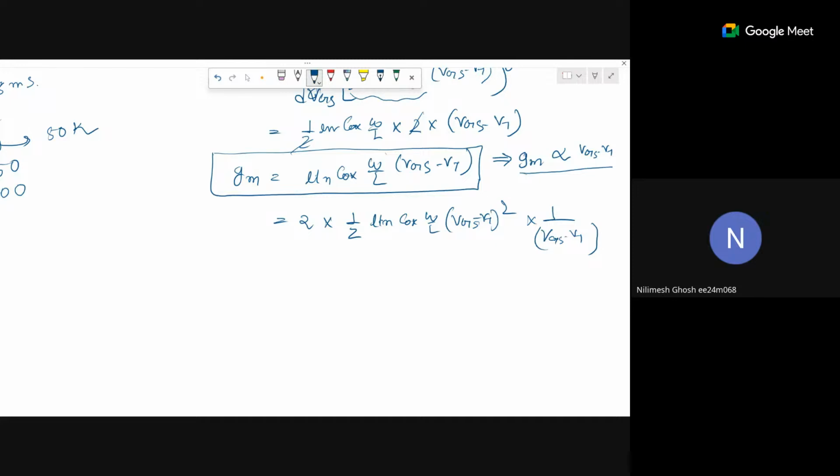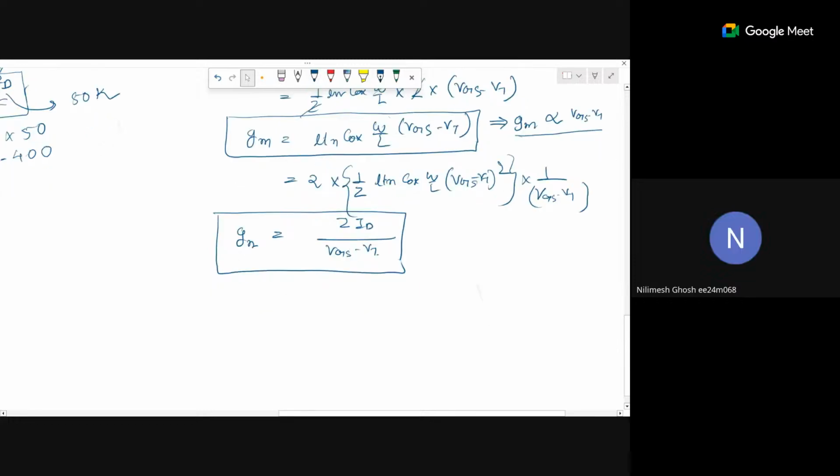Can I write it or not? We just multiplied and divided by 2, and by VGS minus VT. So this is a known expression. What is this? ID. So 2ID/(VGS minus VT). So gm can also be written like this.